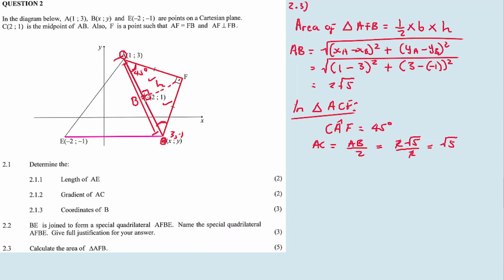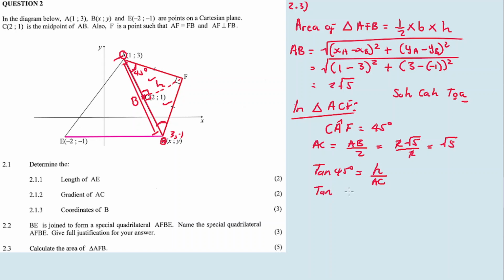I want the height and I have the adjacent side. Which trigonometric ratio, according to SOHCAHTOA, involves the adjacent side as well as the opposite side? Opposite over adjacent is tan. So tan 45 degrees is equal to opposite over adjacent. The opposite side is h, the height, and the adjacent side is AC.